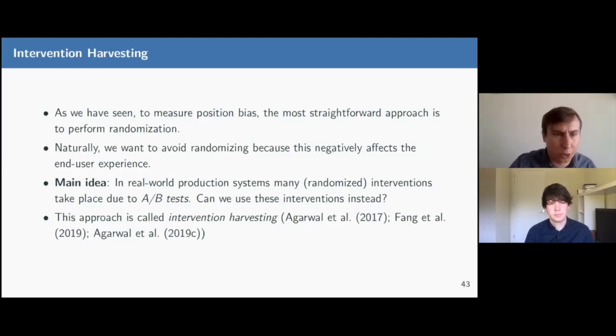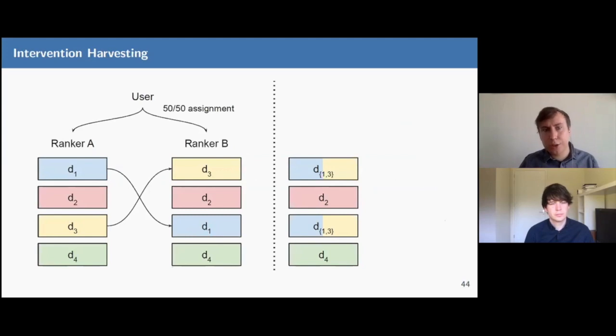To show you how this works, here we have a small illustration where we have two rankers, ranker A and ranker B, and there's an A/B test going on that the company decides to do. And it happens to be the case that users are 50-50 assigned to these two rankers, and that ranker A and ranker B, the difference is that they swap document 1 and document 3. That just happens to be the case.